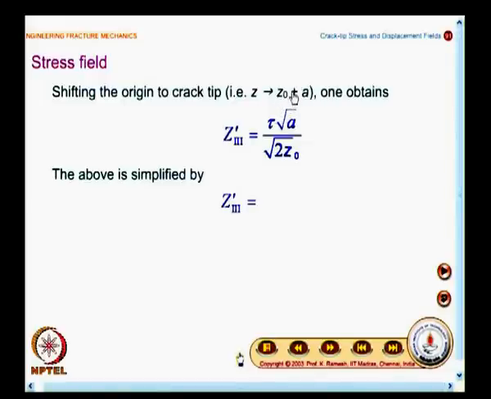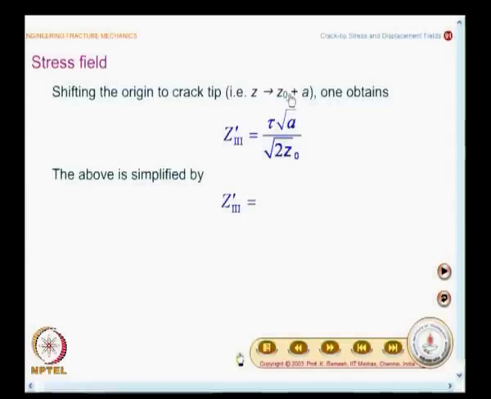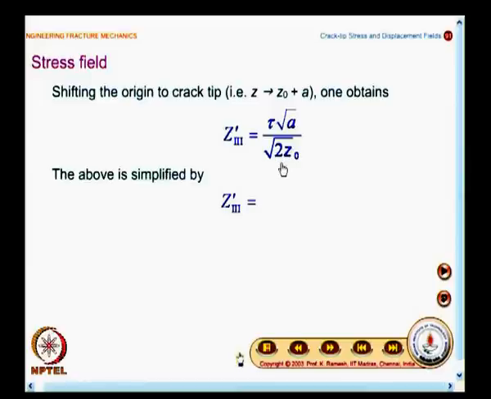We are going to confine our attention to regions very close to the crack tip, which means z naught is very, very small. When you do that, Z3 prime reduces to tau root of a divided by root of 2 z naught.